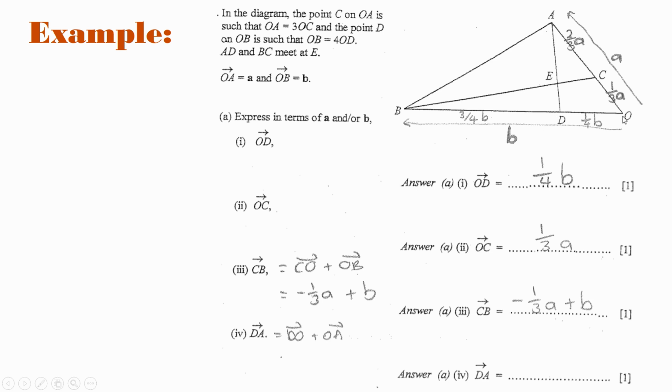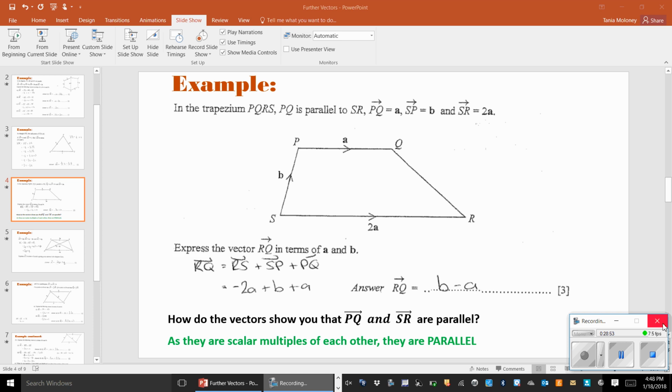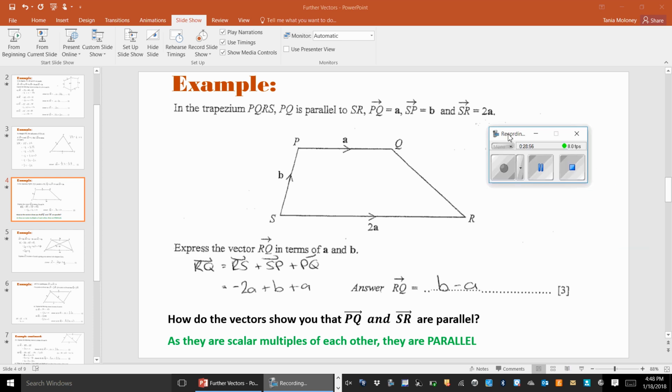And DO is going against the arrow, so minus 1/4 B. And this one's going with the arrow, so plus A. So minus 1/4 B plus A. You can rewrite that as A minus 1/4 B. Again, the textbooks sometimes think it's nicer to have the positive at the front and the negative last, in case you're wondering why textbooks might not be writing the answer like that. A minus 1/4 B, or minus 1/4 B plus A, same thing. Pretty tricky, and thank you very much for your patience with that. And just keep experimenting and trying different ideas is pretty much how you tackle these problems.